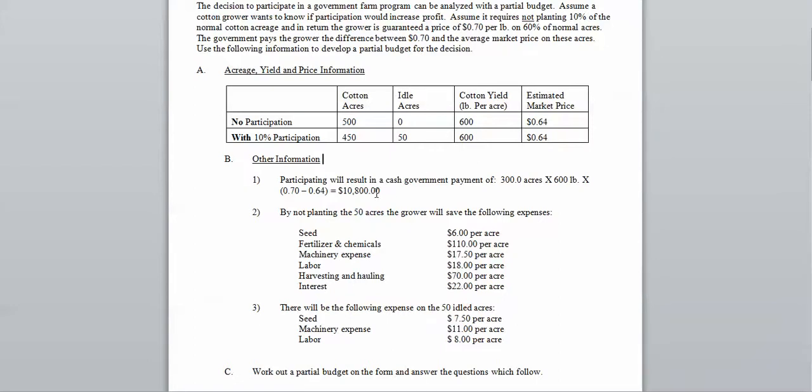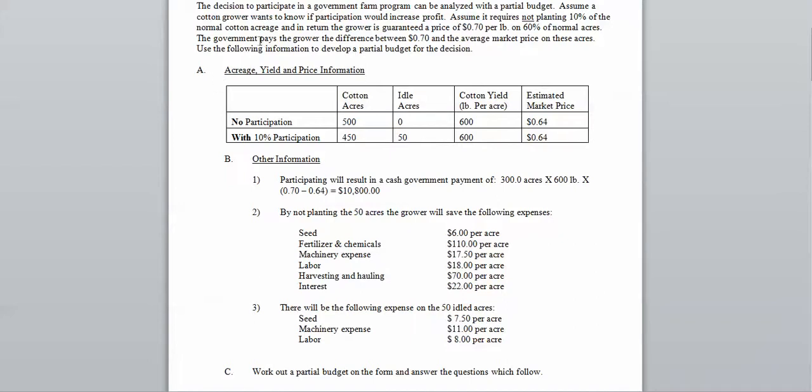Participating in the program will result in a government cash payment on 300 acres, or 60% of our normal production. 60% of 500 is 300, times 600 pounds an acre times 6 cents, the difference of 70 cents and 64 cents.